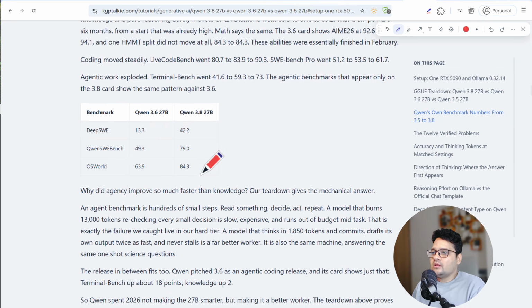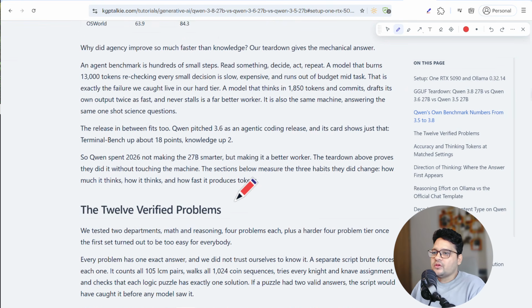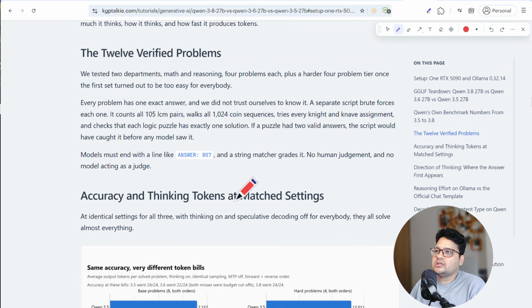Okay, cool. Now the question comes here: how have I verified all this, whatever I'm currently saying here? I have verified it using 12 verified problem statements. All right. These problems are coming from math, reasoning, coding, and so on. Thereafter, I've also taken very hard problems as well. And they are deterministic problems. Deterministic problem means the answer is fixed there.